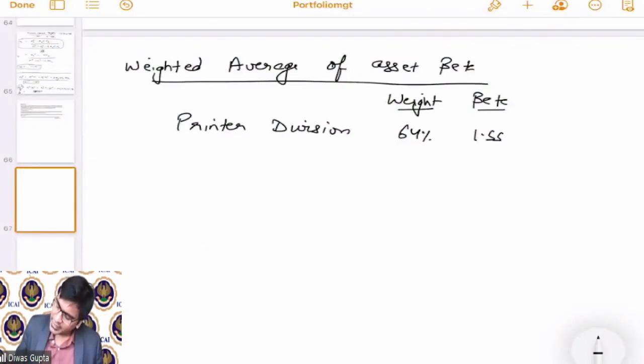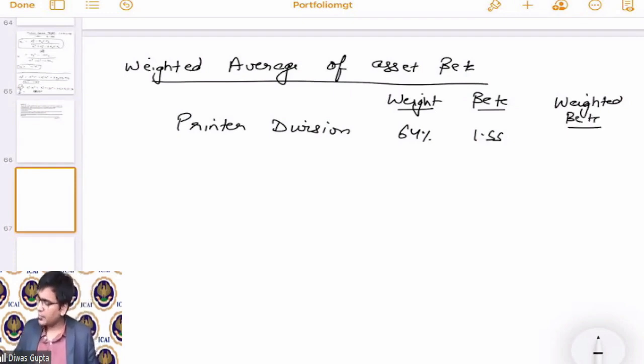So the weighted beta is 1.55 multiplied by 0.64, which is 0.992.